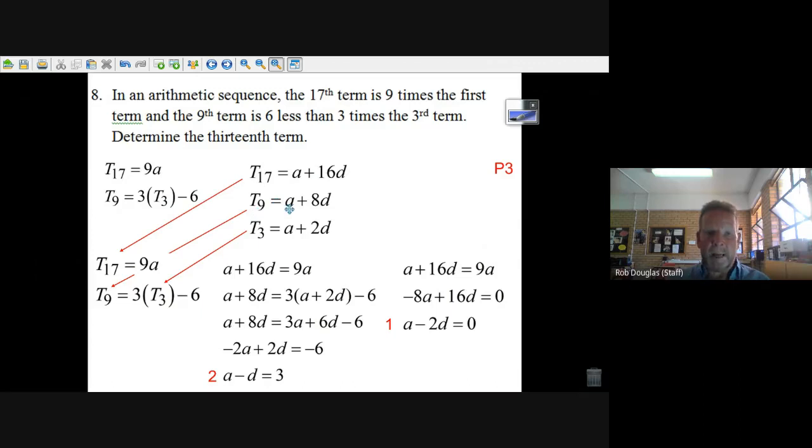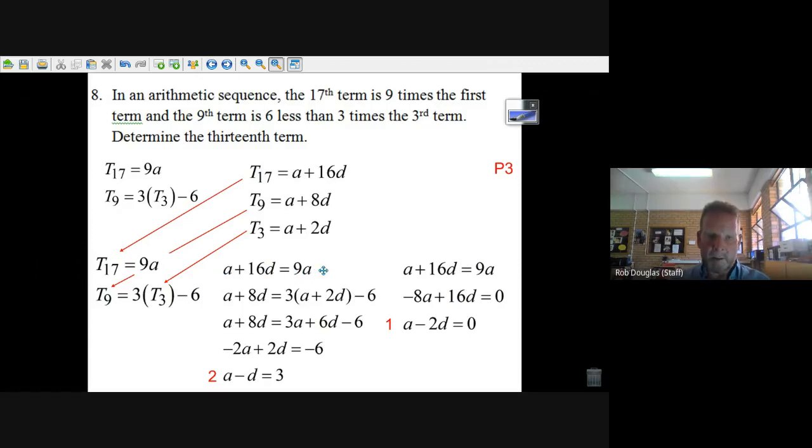The ninth term is a plus 9 minus 1, 8d. And the third term is a plus 3 minus 1, or 2d. Well, if that's true, we can replace T17, T9, and T3 with what they equal. So we rub them out. Instead of T17, we put a plus 16d, and it equals 9a.